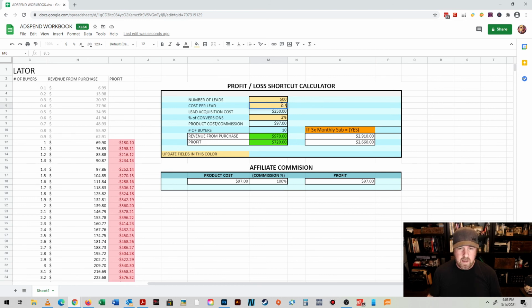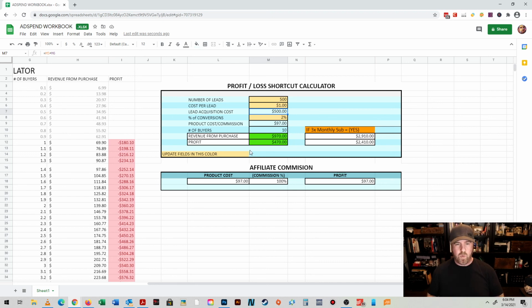Okay, so even if you're paying $1 per lead, you're still in the green, which is really cool. And so I've set up this section here to highlight in green or to turn red when it goes into the negative. So you can play around with this, experiment with this.